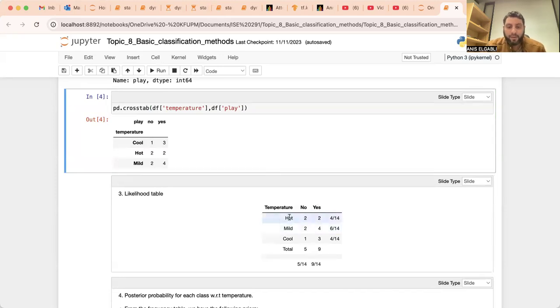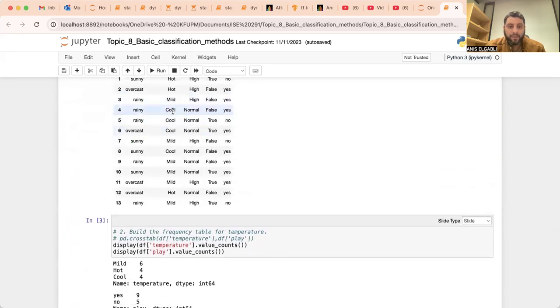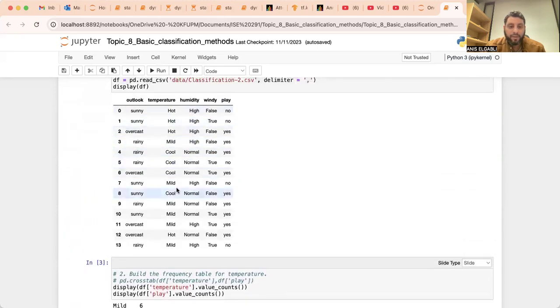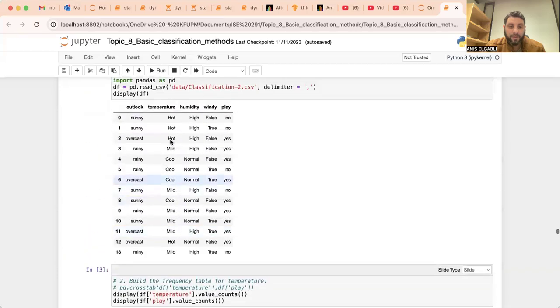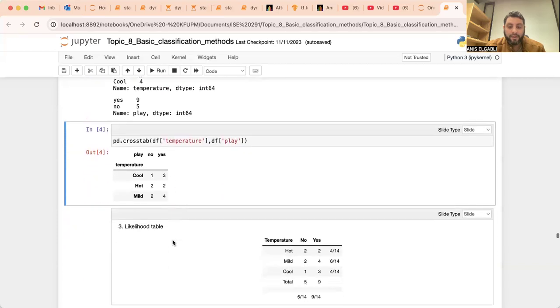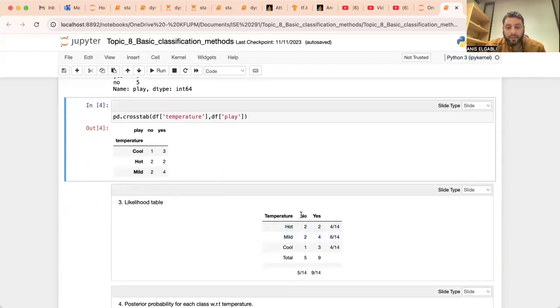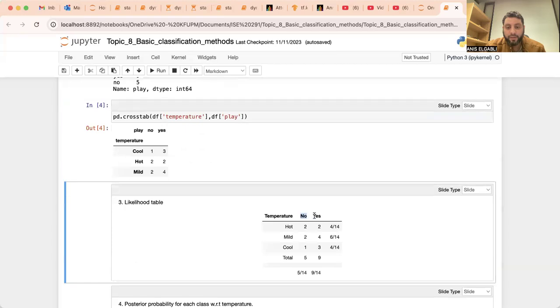When the temperature was hot, we find the number of samples in which the temperature was hot. There are 4 samples, 1, 2, 3, 4. For 2 of them, the value for play was no. For the other 2, the value was yes. So 2 samples with temperature hot and play no, and 2 samples with temperature hot and play yes. We do the same thing for mild and cool, and these are the numbers we got.